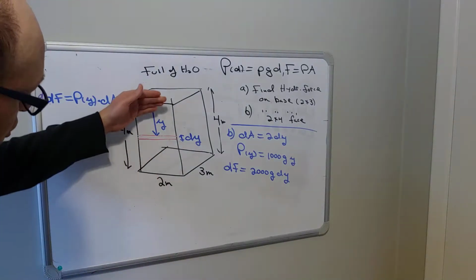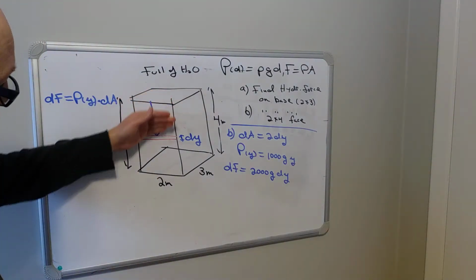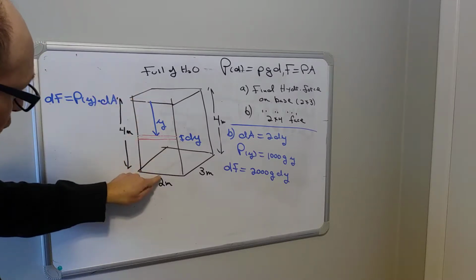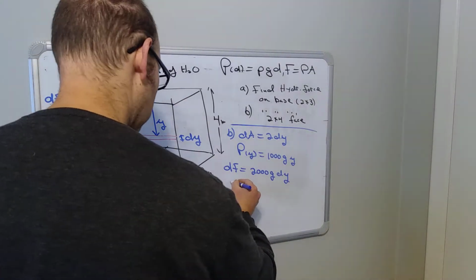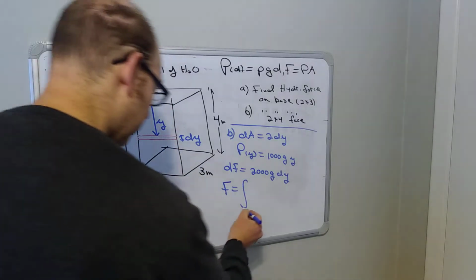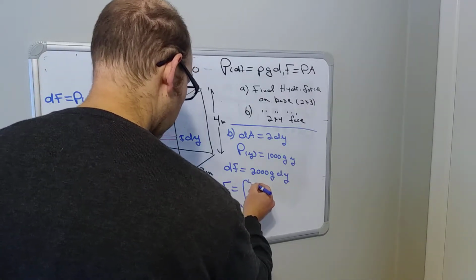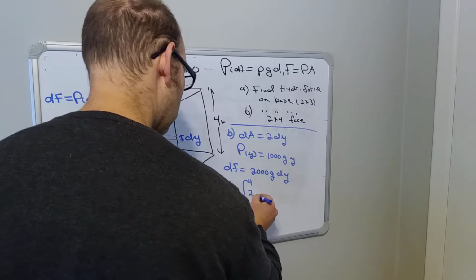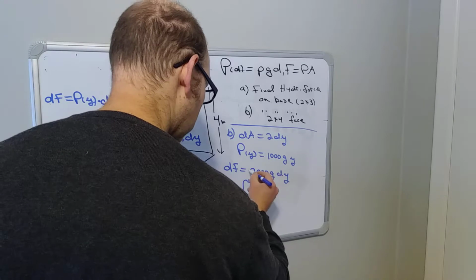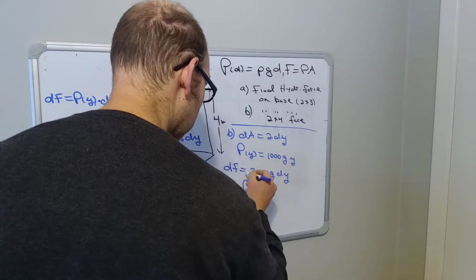And then we simply sum up the force on all the little slices as y ranges from 0 down to 4. So we integrate all these forces. So it would be the integral from 0 to 4 of 2000. I forgot the y here. Sorry about that. So this y would go right there.